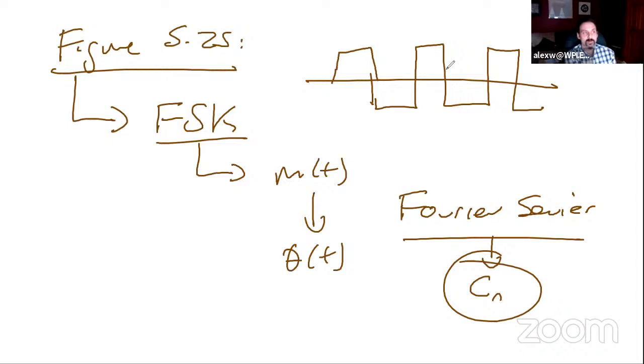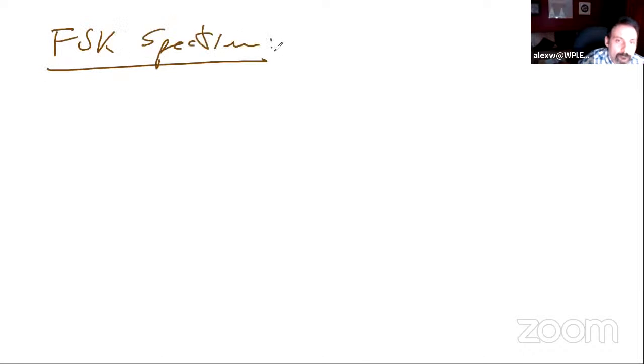So that's a little bit about what FSK is about. It's trickier because of what you'll get in terms of your FSK spectrum. So let's work this out. FSK spectrum. It actually gets a little bit more complicated, sad but true.